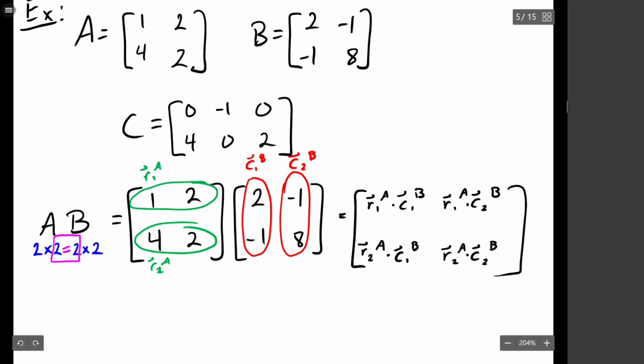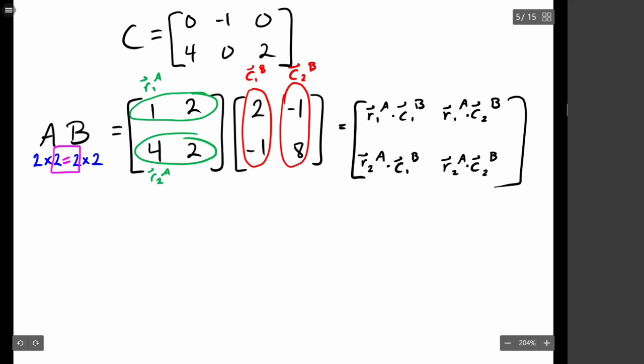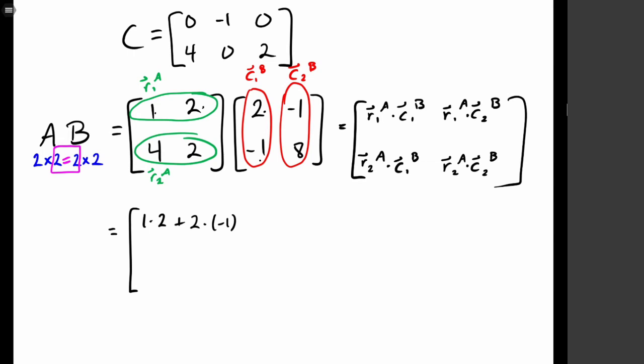Right? And now we just have to multiply these out. So for this first one, we're dotting the first row, first column, so 1 times 2, plus 2 times -1. And then we're just going to keep repeating this. Right? Row 1, column 2, so 1 times -1, plus 2 times 8.